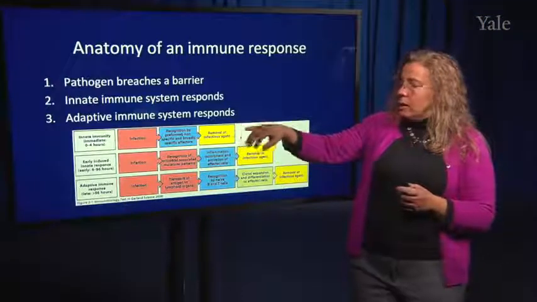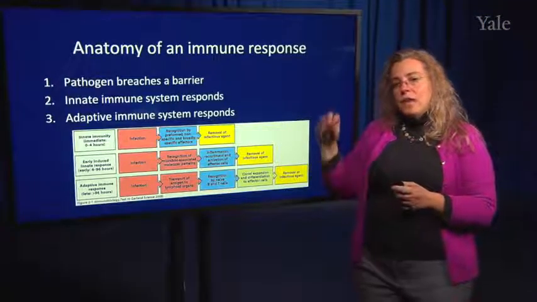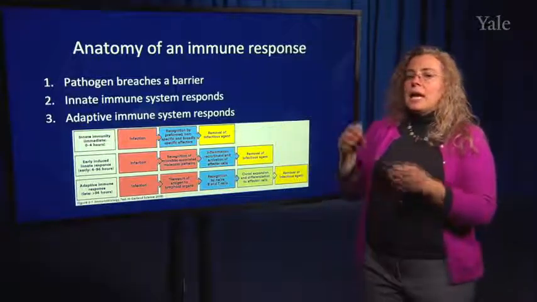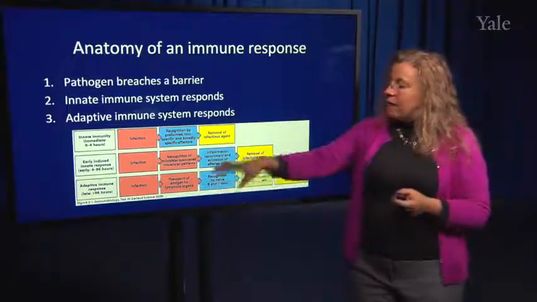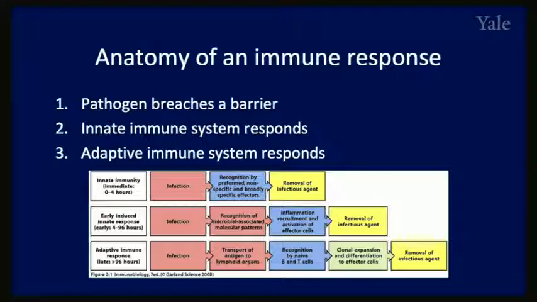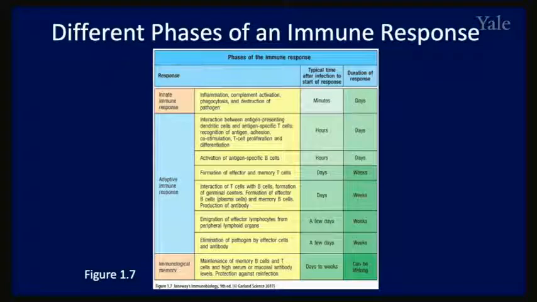But if the initial innate cells at the site of infection and the recruited innate cells can't completely eliminate the infection, then the adaptive immune system will be recruited, and that will take days to weeks to occur. And that's demonstrated on this slide, where you can see the innate response starts within minutes, can go on for days, but then actually stops.